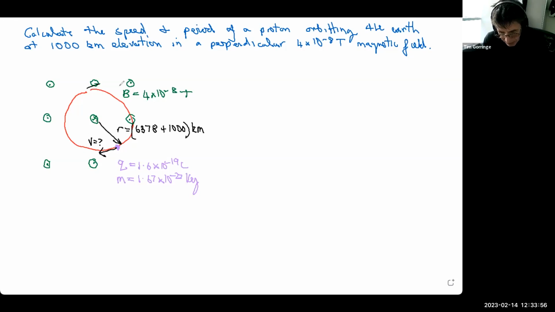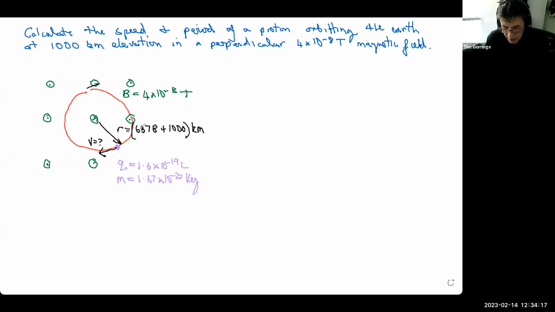In red is the circular orbit of the proton. And here in black, I've indicated the radius of the circular orbit. It's 1,000 kilometer elevation, but we've got to add that to the 6,000, almost 400 kilometer radius of the Earth to actually get the radius of the orbit.